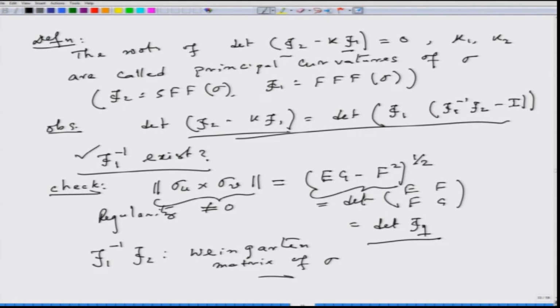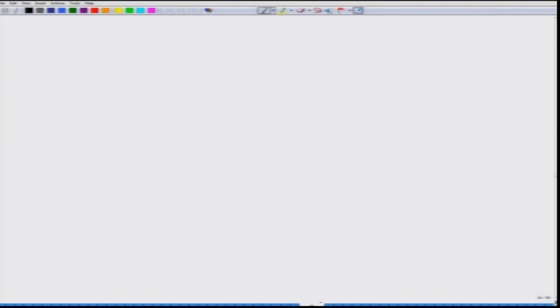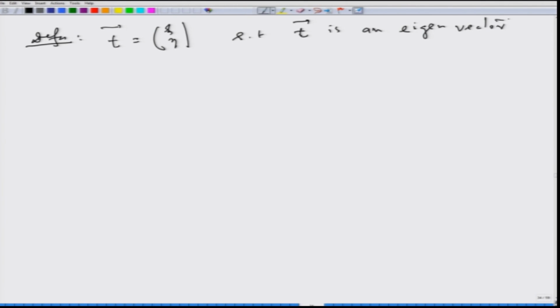For today's lecture, I will end with another definition. Let us take the vector T = (xi, eta) such that T is an eigenvector corresponding to an eigenvalue of the Weingarten matrix, that is F1 inverse F2.